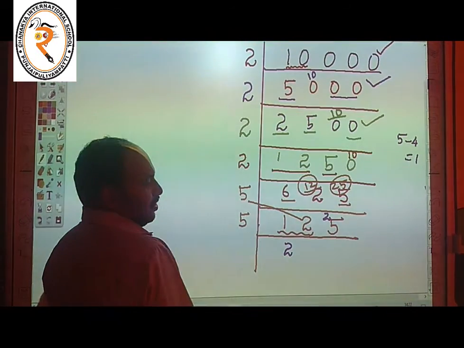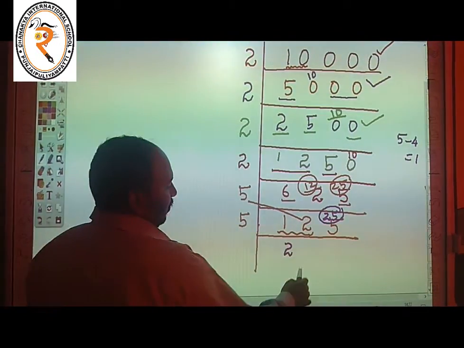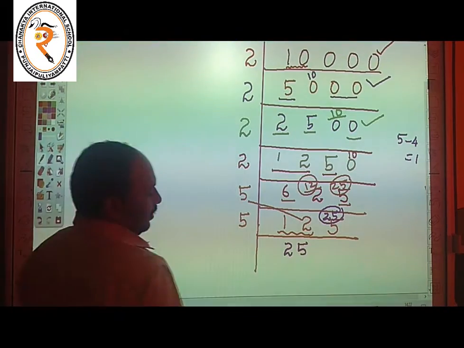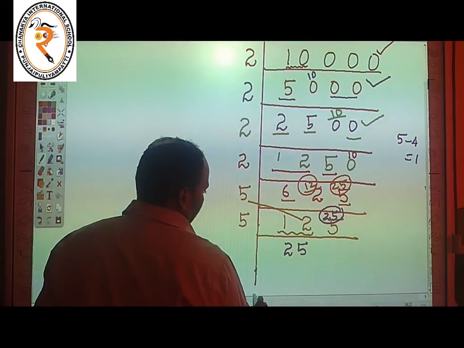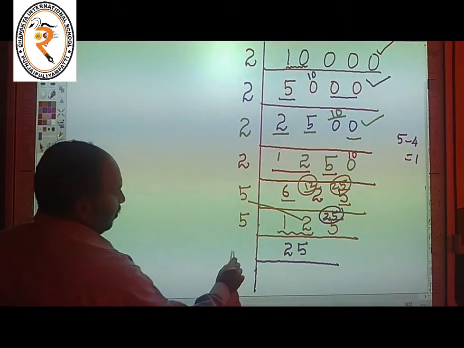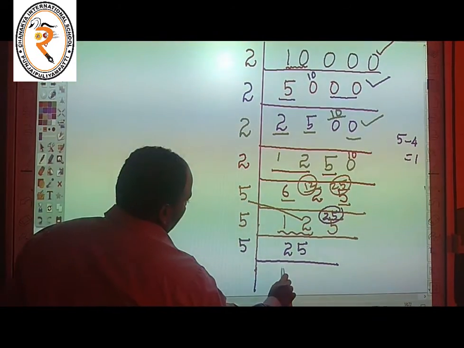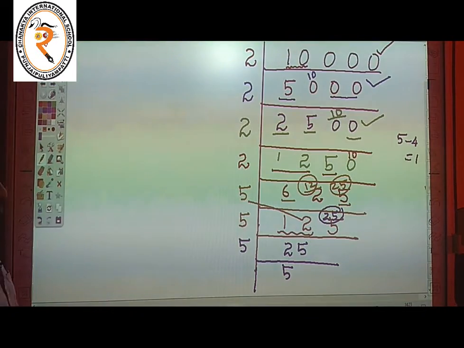Here 5 is there, so 25. 5 fives are 25. Again take 5. 5 fives are 25.